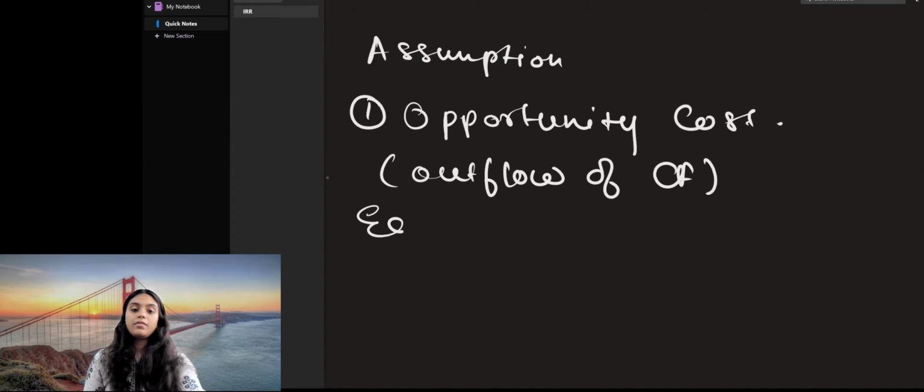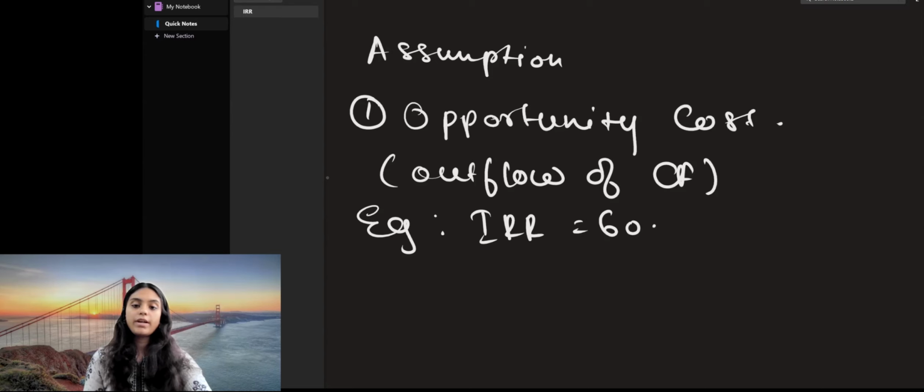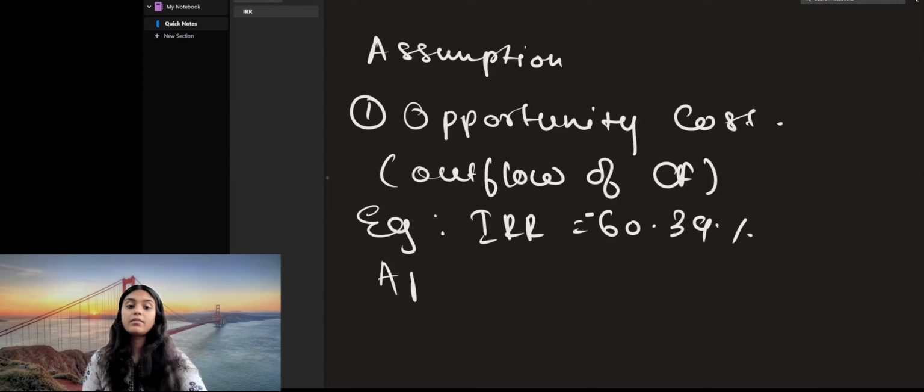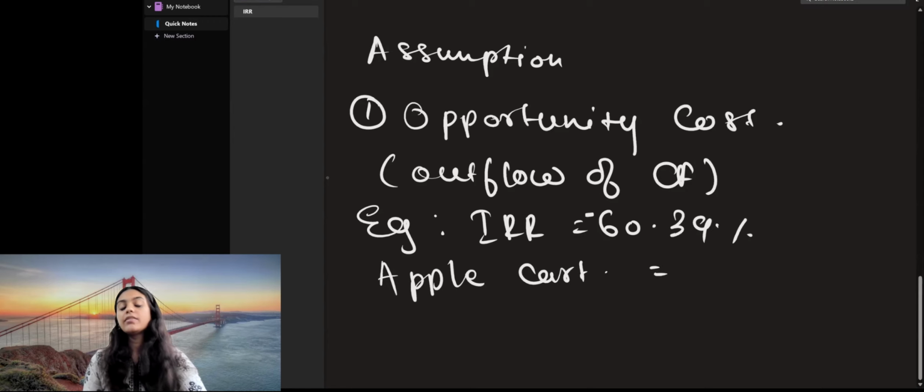So, example. Now, we'll take the same example. Our IRR was minus 60.39 percent, right? Suppose you want to start another business, say an apple cart, selling apples, and it gives an annual return.